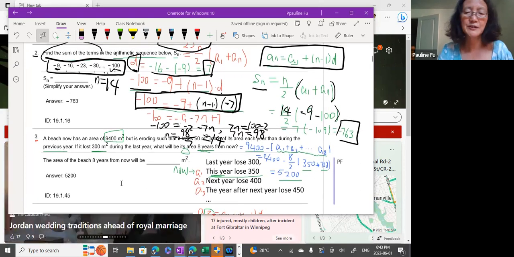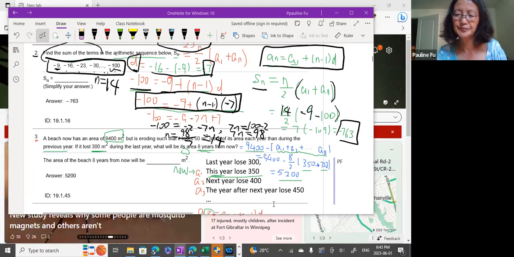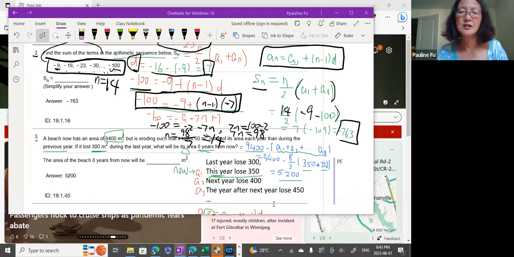It's a little bit difficult question. It is an application question. Questions before we take a break?